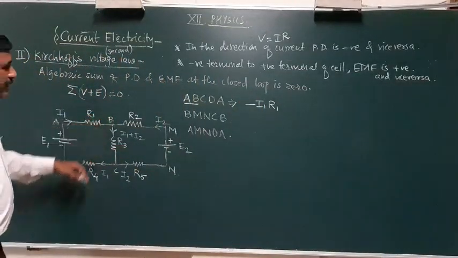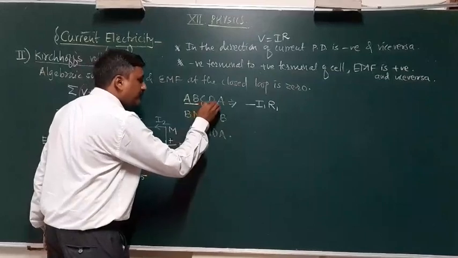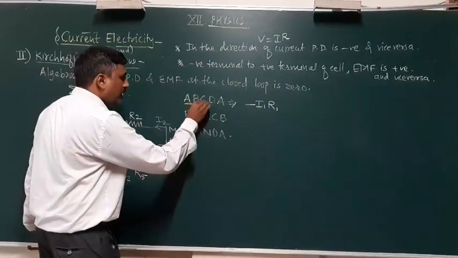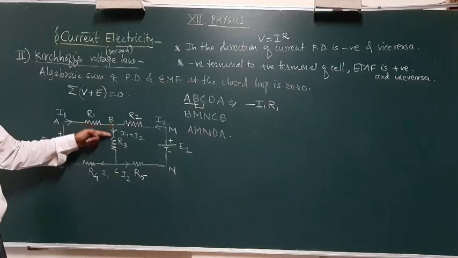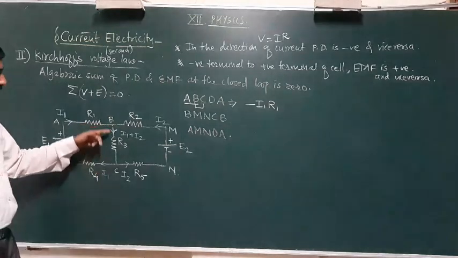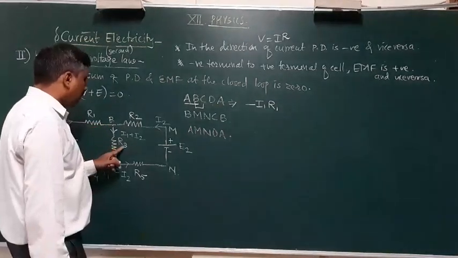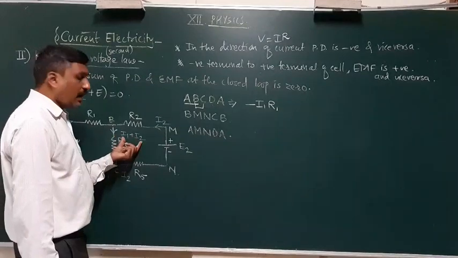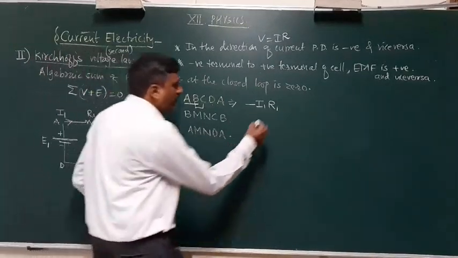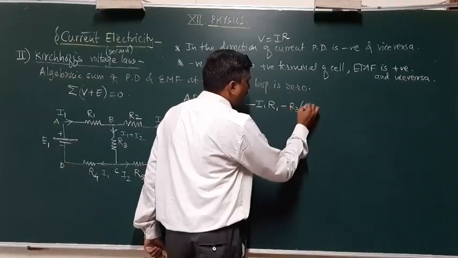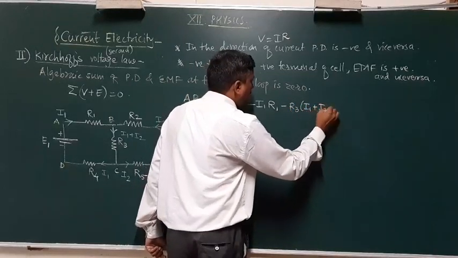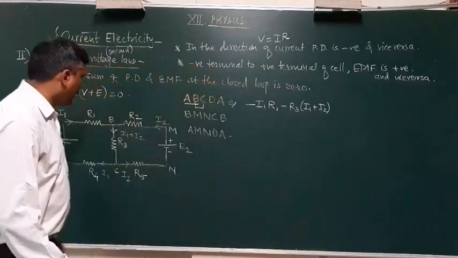Now B to C. Again we are tracing the loop in the direction of current. So resistance is R3. Current is I1 plus I2. So minus R3 in bracket I1 plus I2.